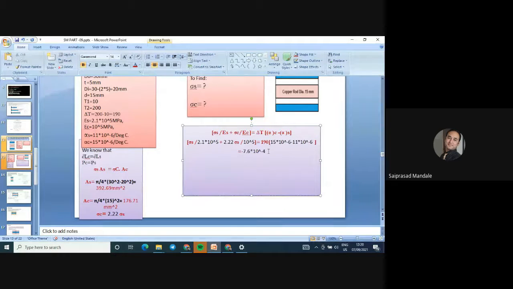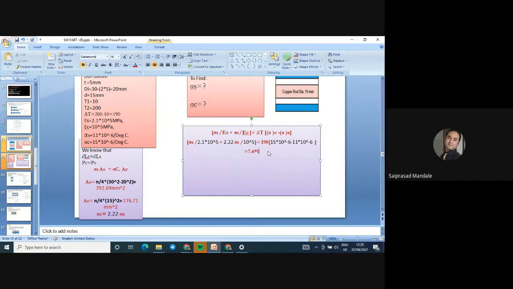Now take this: 15 into 10 raised to minus 6 minus 11 into 10 raised to minus 6. It is 10 into 10 raised to minus 6 into 190. It is 7.6 into 10 raised to minus 4, perfect answer.